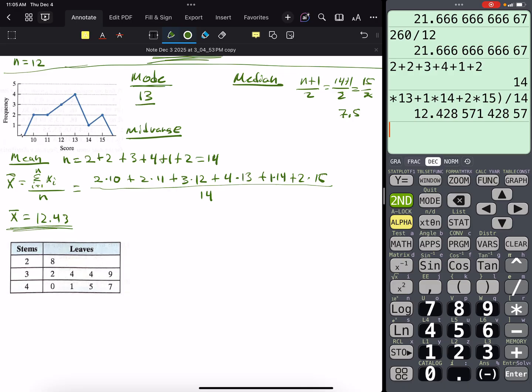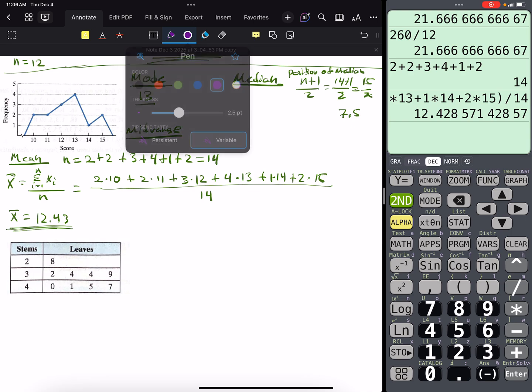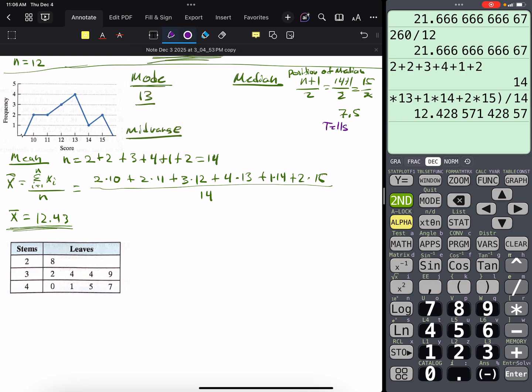And so that's the position of the median. And so now I need to go find the 7th and the 8th data value. And so this tells me to find the 7th and 8th data values and average them.